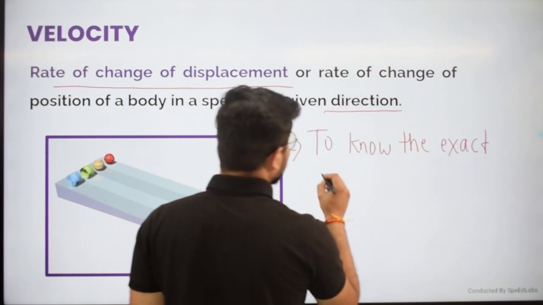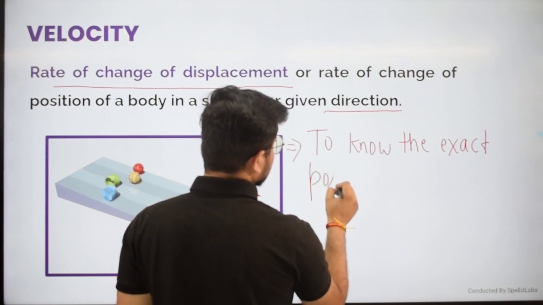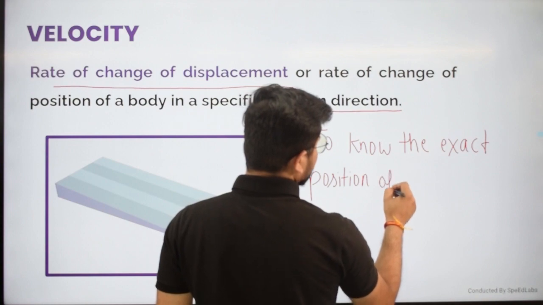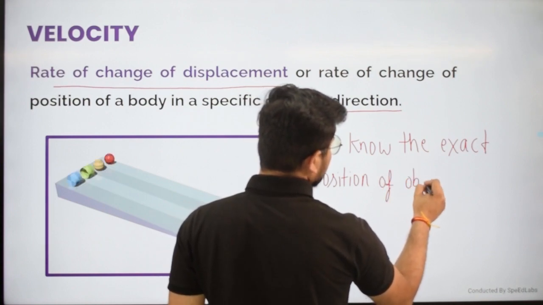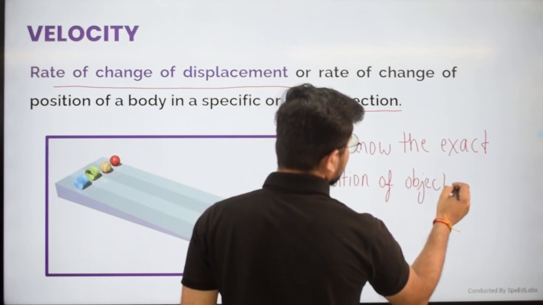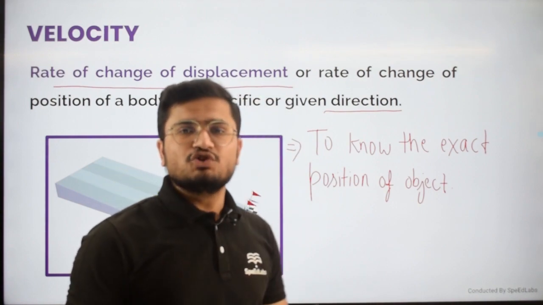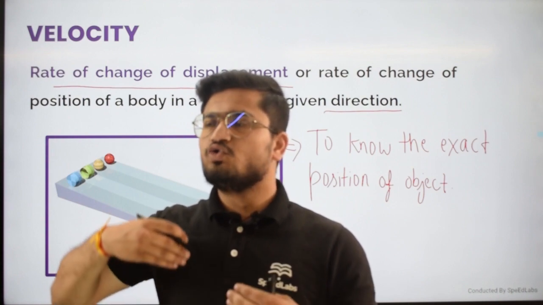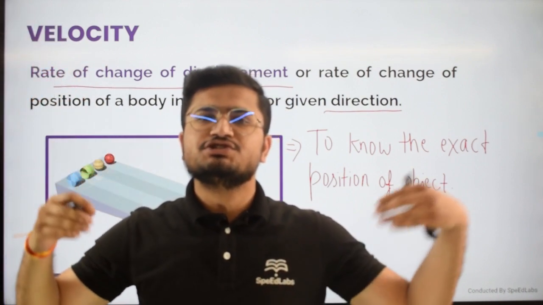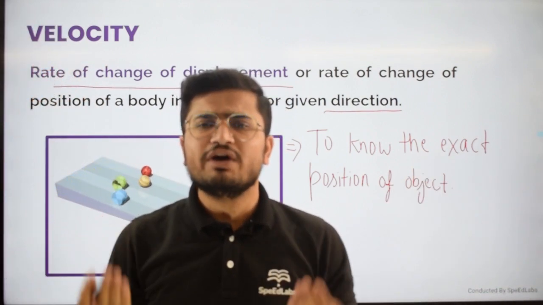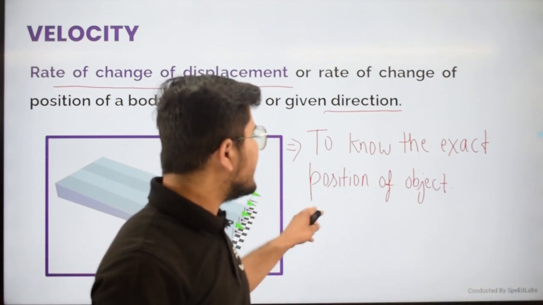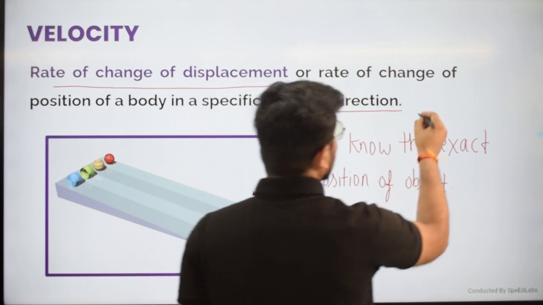To know the exact position of the object. Where is the object? Like where that object is moving, towards north direction, south direction, east, west, towards my right, towards my left. So speed plus direction, that is what velocity is.